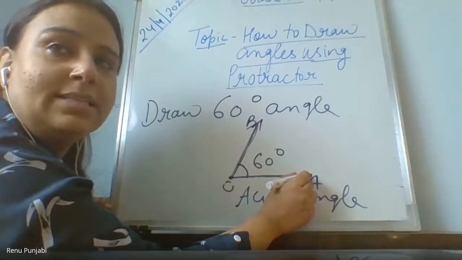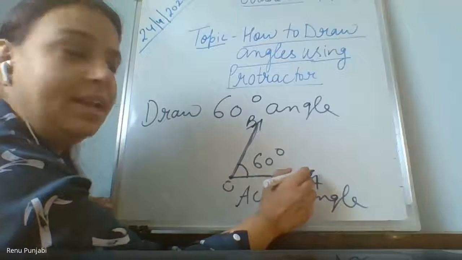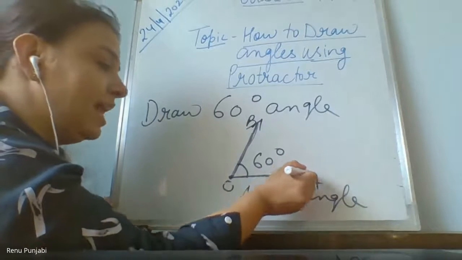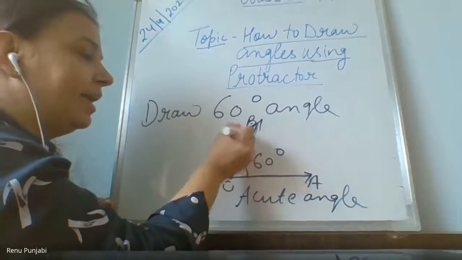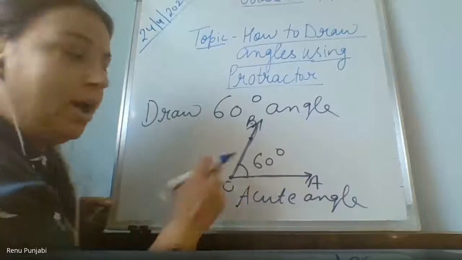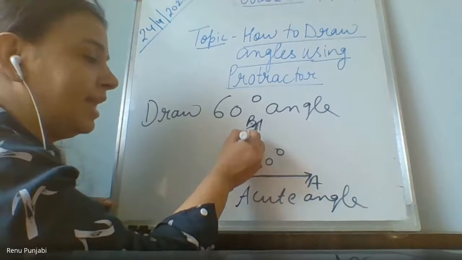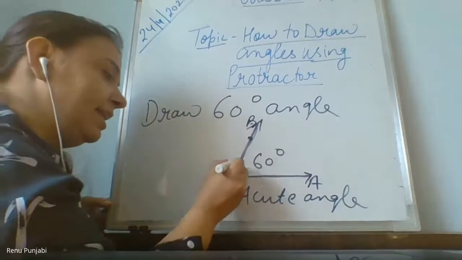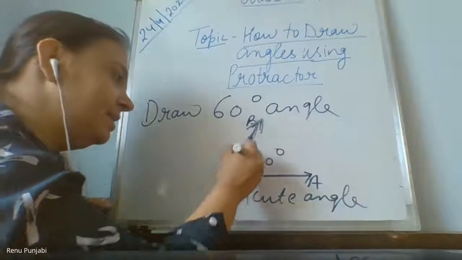From the inner scale, move till 60 degree and mark a point there, and take the scale and draw a line, this ray, and you can extend this ray also.